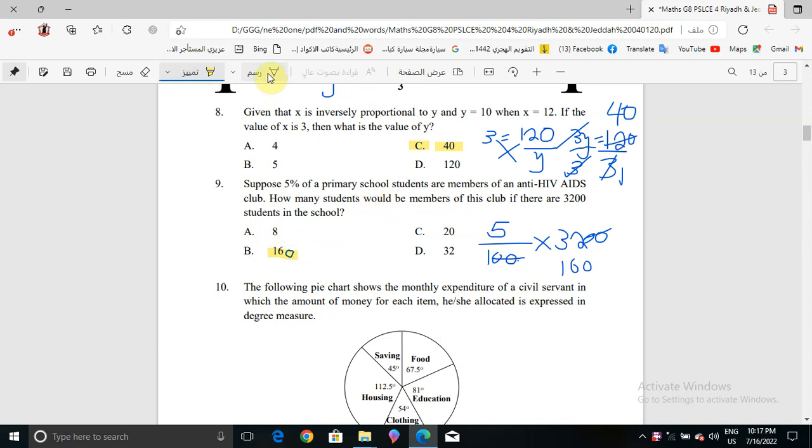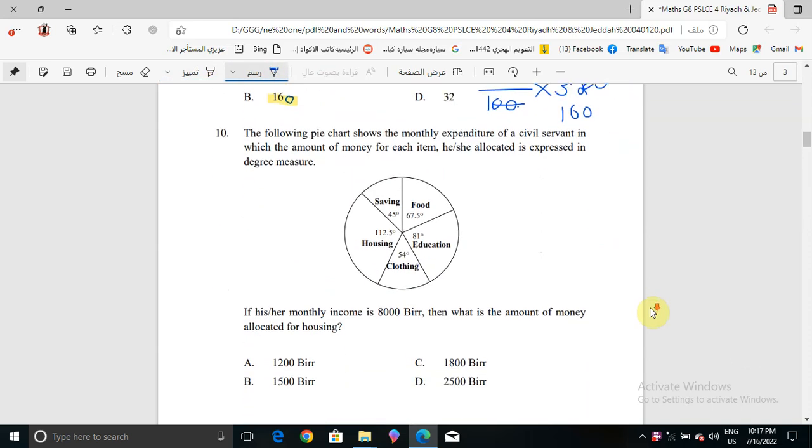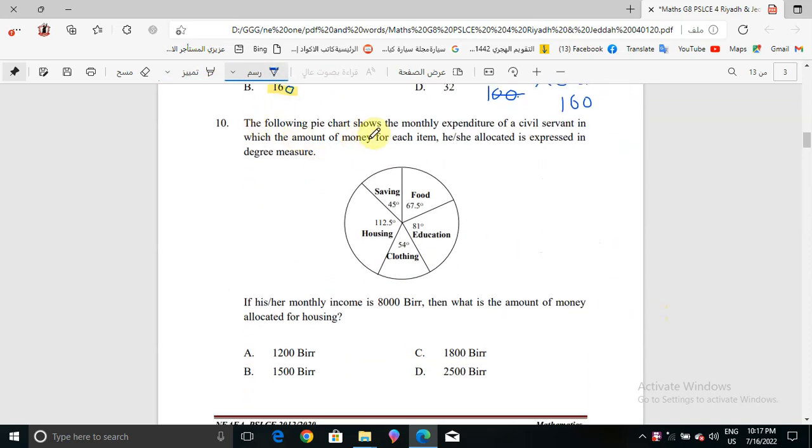Okay, now in question number 10, the following pie chart shows the monthly expenditure of a civil servant, in which the amount of money for each item he or she allocated is expressed in degree measure. Okay, we have saving, food, housing, clothing, and education. Now, if his or her monthly income is 8,000 per month, then what is the amount of money allocated for housing?